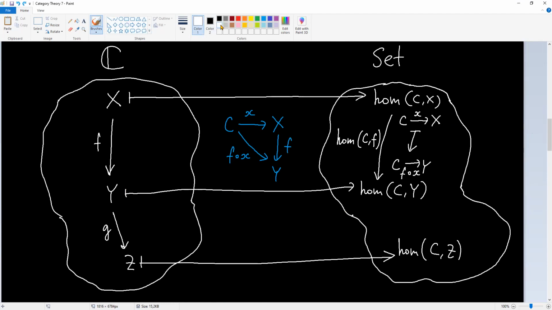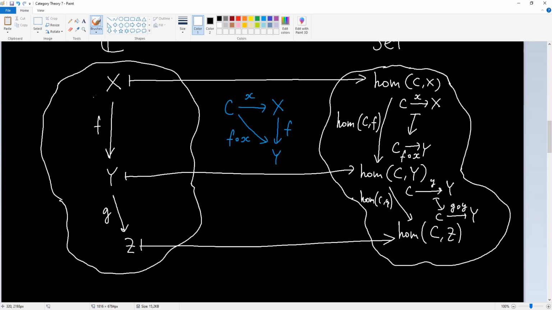So I've got my F on the left side. Now that F gives rise to functions between Hom sets, Hom CF. I've got the G that also gives rise to a similar function, Hom CG, which does what? It maps an arrow Y from C to Y. It maps that to the arrow G composed with Y, just like what the other one did.